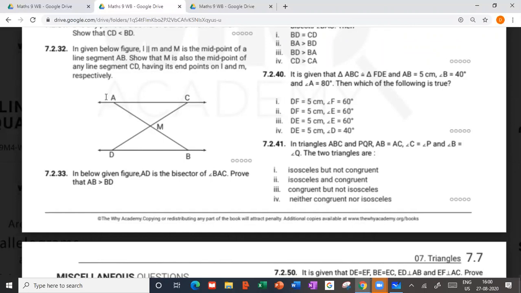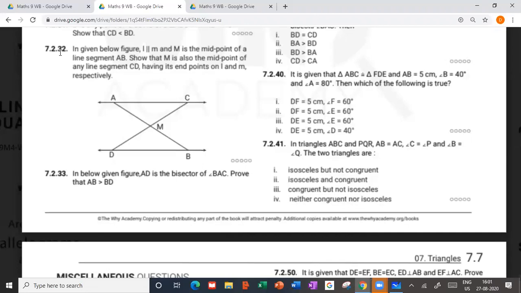Then we can prove that triangle AMC is congruent to triangle BMD. How? Ma'am, AM is equal to BM. They are giving you that. M is the midpoint. Angle AMC is equal to angle BMD because vertically opposite angles. And we can also say angle MBD is equal to angle MAC because alternate interior angles.